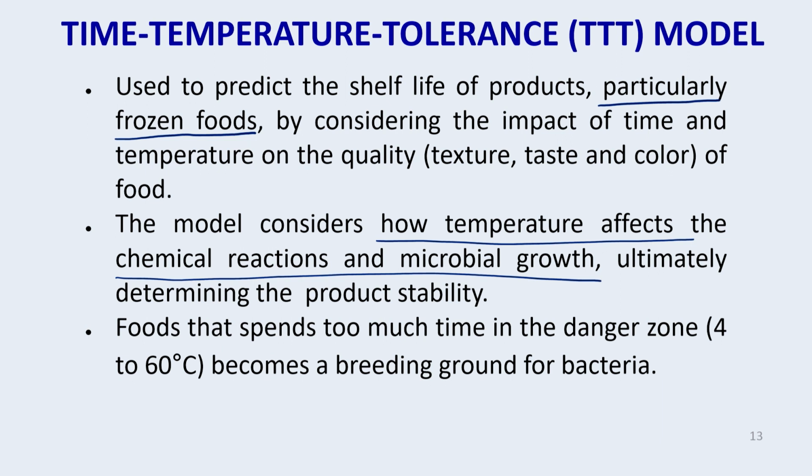The model considers how temperature affects the chemical reaction and the microbial growth, which ultimately determines the stability of the product. Foods that spend too much time in the danger zone, that is 4 to 60 degrees centigrade, become a breeding ground for bacteria. The foods which are in this temperature range, the environment is conducive for the bacteria to grow.